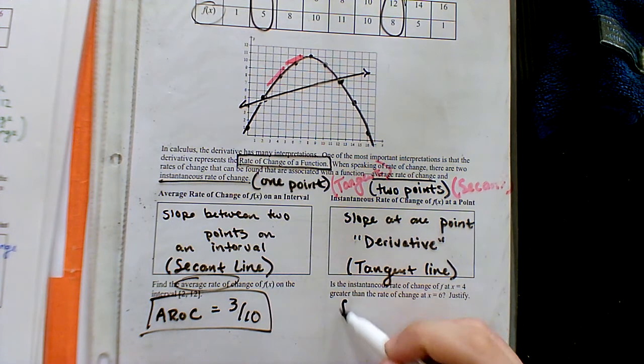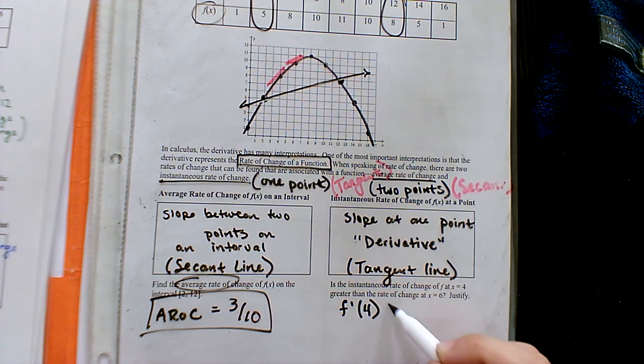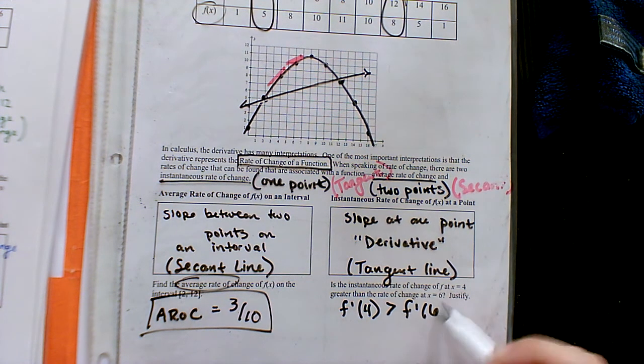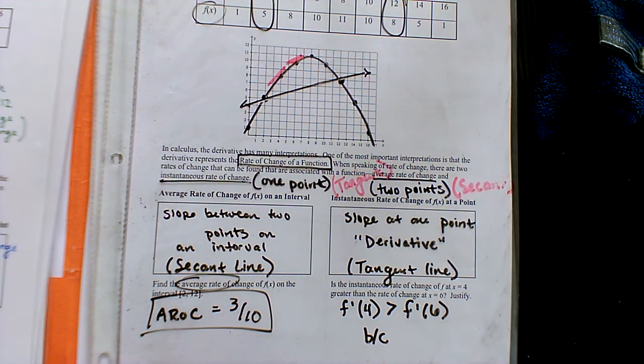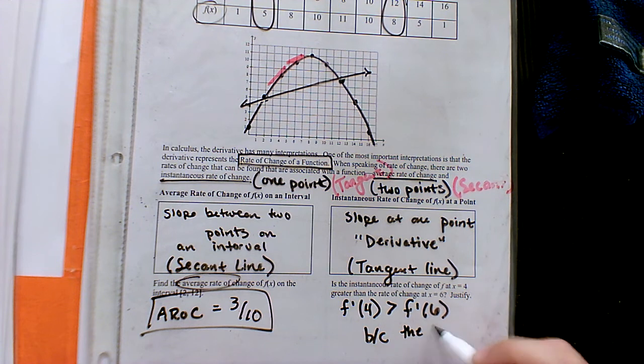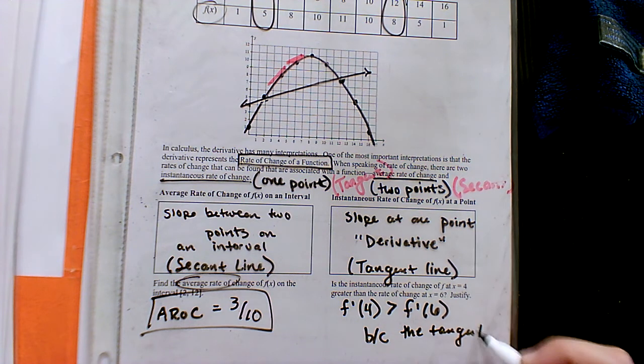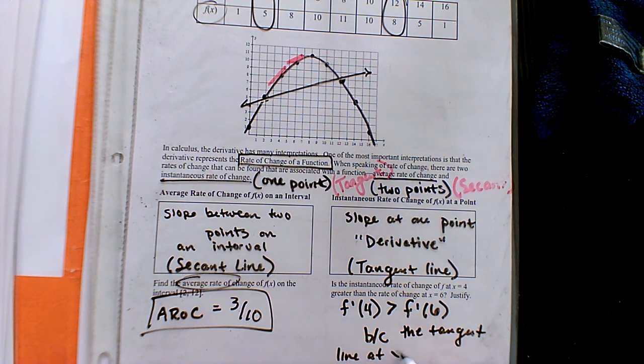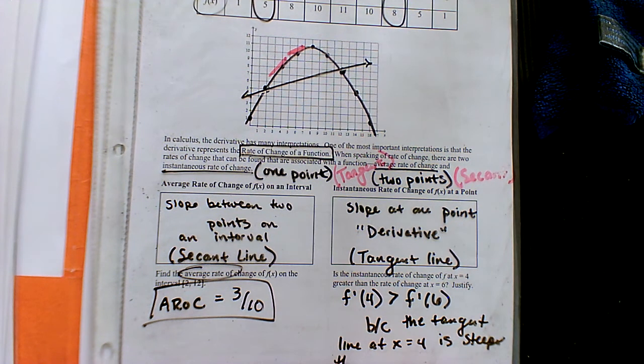That's better than IROC. F prime of 4 is greater than F prime of 6 because, how do we know? Steeper slope. Okay, because the tangent line at x equals 4 is steeper than the one at x equals 6.